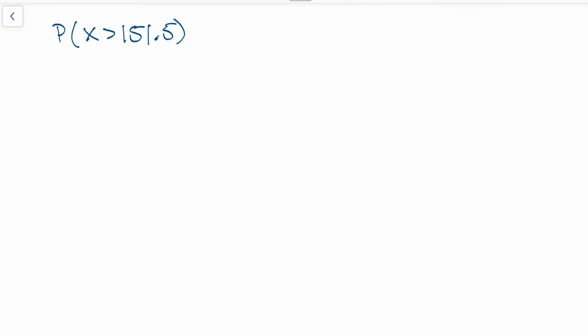Okay, if I want to compute the probability that a normal random variable is greater than 151.5, remember, we have to convert this to a standard normal curve. And to do that, we need the z-score of x minus mu over sigma. But we have all these with our normal approximation to the binomial.